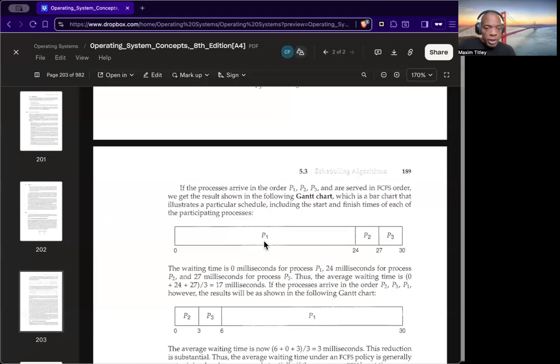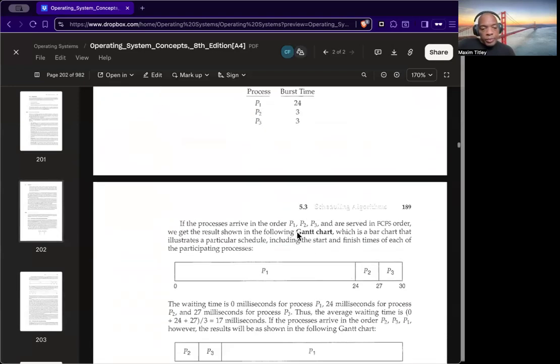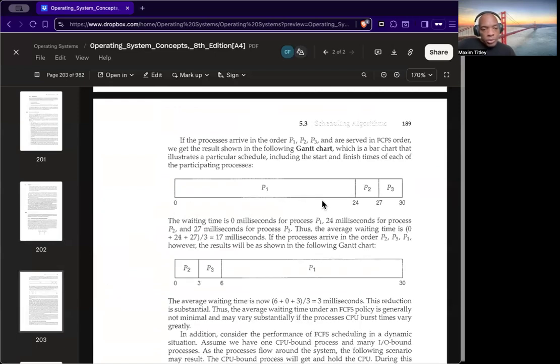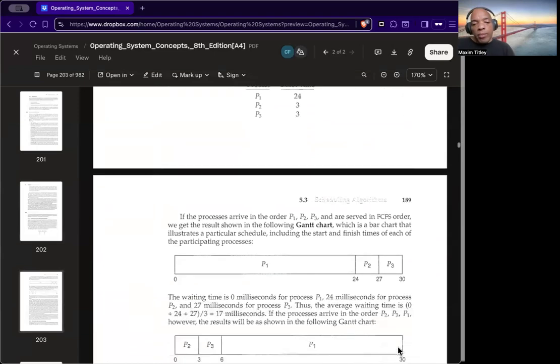All right, so process one, they said took 24 seconds up here. So here you go from 0 to 24. And process two, which takes up 3 units of time, has to wait for 24 to get started, and then it stops at time unit 27. Same thing with process three, in which it starts at 27 and then ends at 30.